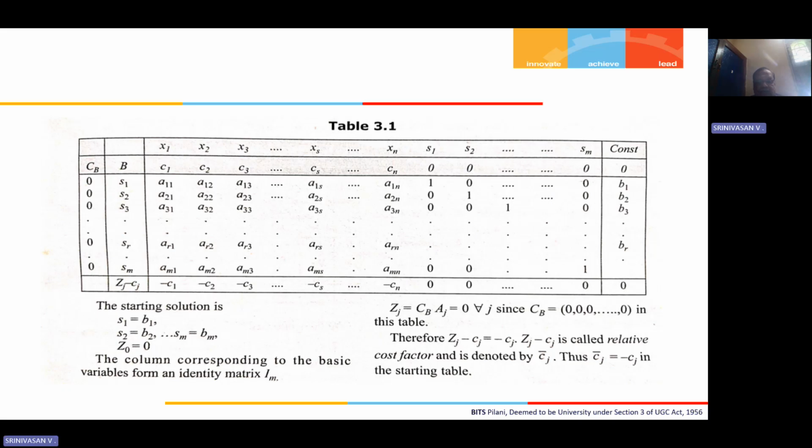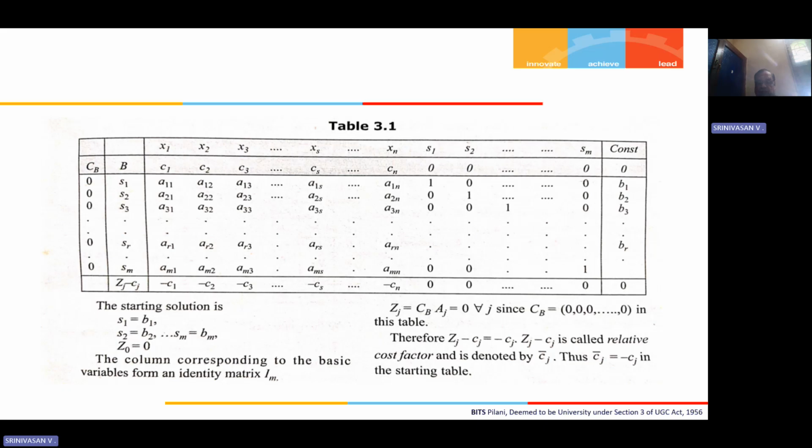Now look at the table. In the left corner, you can write capital Z, because Z is equal to C1 x1 plus C2 x2 plus etc. plus Cn xn plus 0 s1 plus 0 s2 plus etc. plus 0 sm.